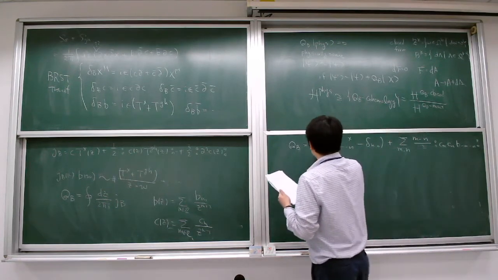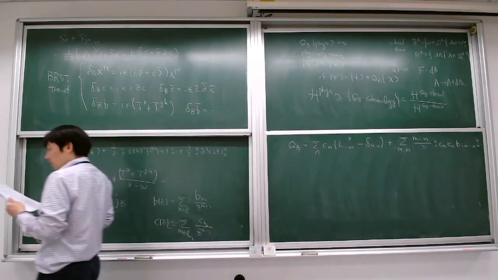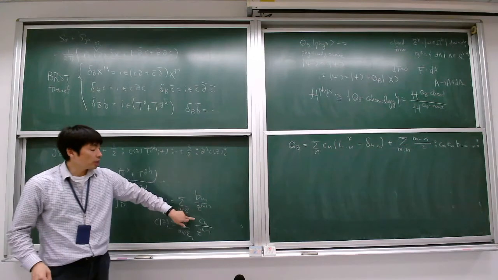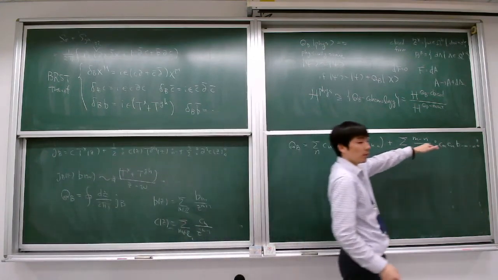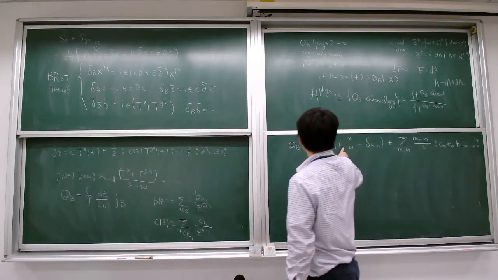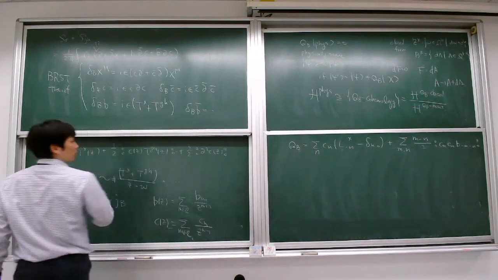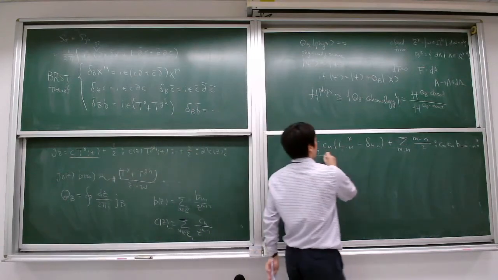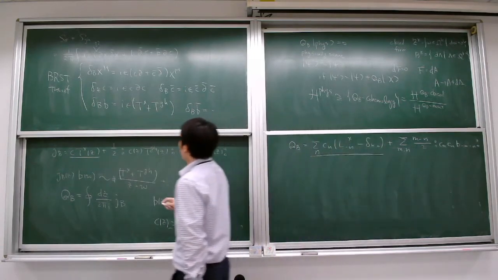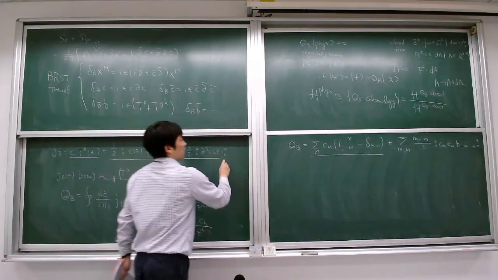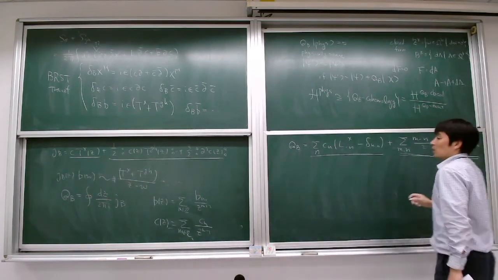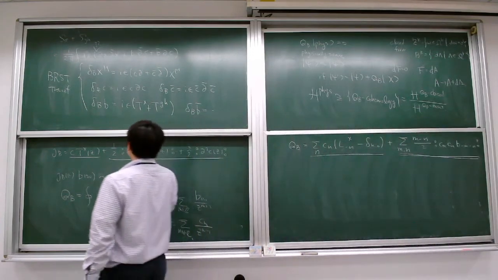So that's the expression for Q_B, the BRST charge, in terms of the generators, in the modes of b and c, and then the bosonic modes. The first part, as you can easily see, comes from this one. And then if you combine them together, you get the second part. It's a very tedious exercise to get this one.